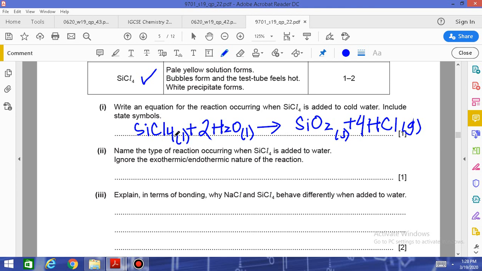When it's added to water, there is a reaction between them and a new substance is produced. This is called hydrolysis.